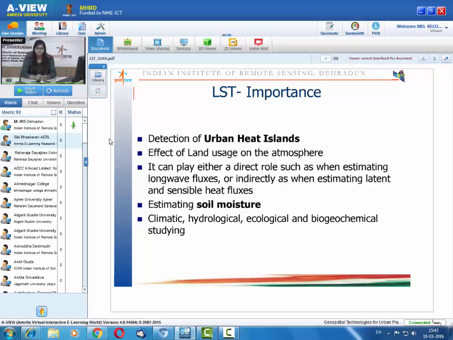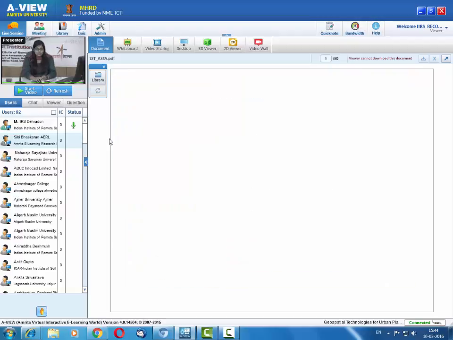Then land surface temperature is one parameter which can be helpful, along with soil moisture and the other parameters, for drought assessment, other climatic, hydrological, ecological and biogeochemical studies. We will discuss in detail where it is used the most.